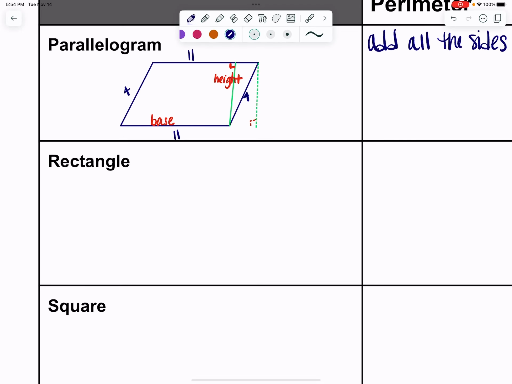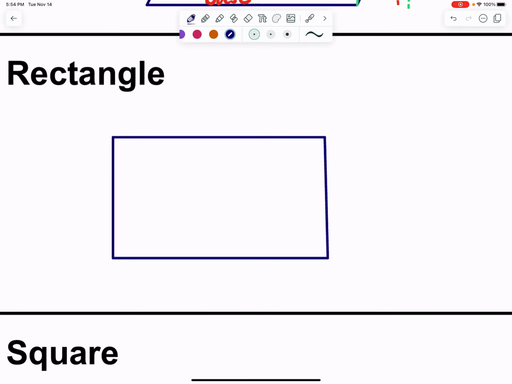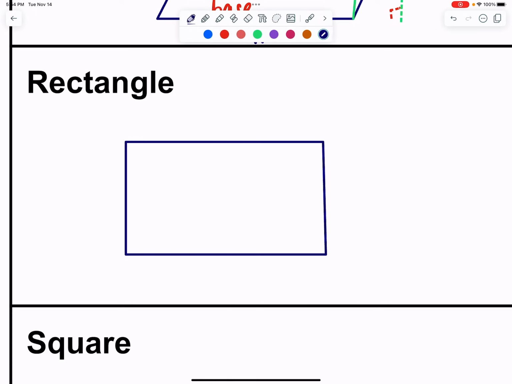A rectangle. There's my rectangle. I think one side is a little crooked, but that's okay.